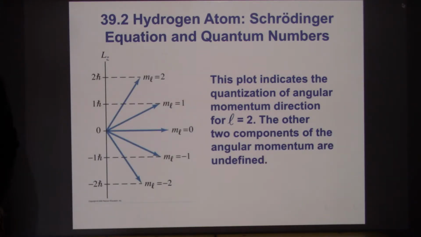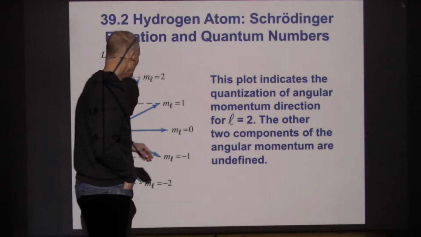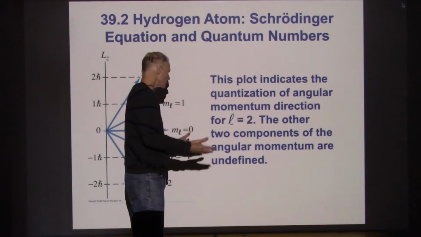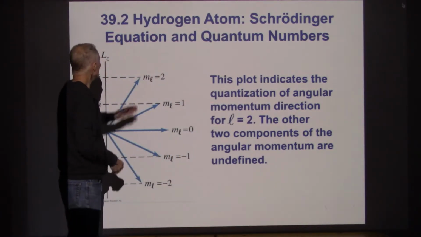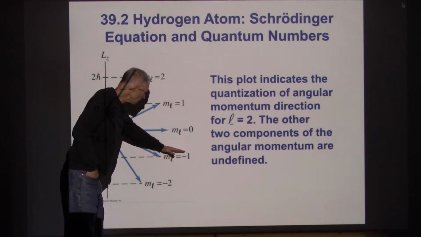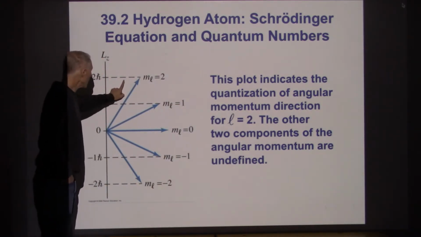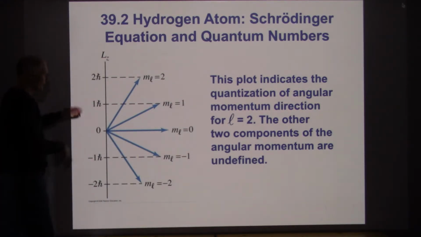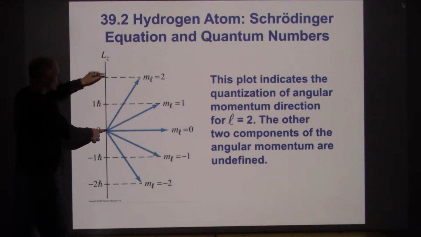Now, what this is showing is, let's take a look at what would happen if L is equal to 2. That would give us a certain amount of total angular momentum. And then the m sub L values could be 2, 1, 0, -1 or -2. Those will all correspond to different angles. So what we've got now is a vector.